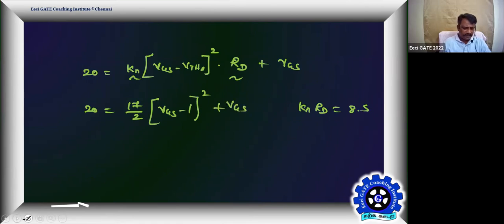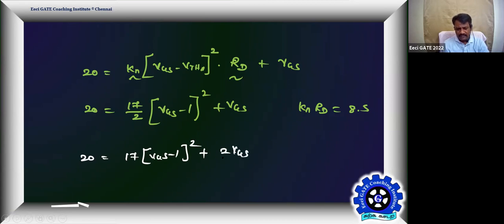Adjust this equation to give the desired result. So then it is 20 equal to 17 into (VGS minus 1) whole square plus 2 times VGS, divided by 2. Correct?